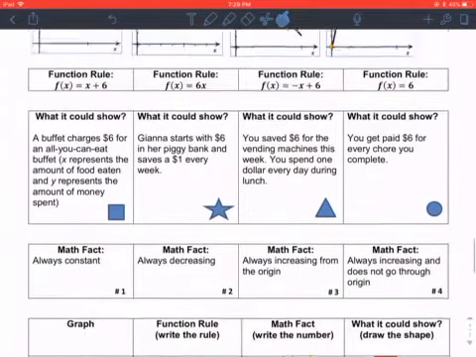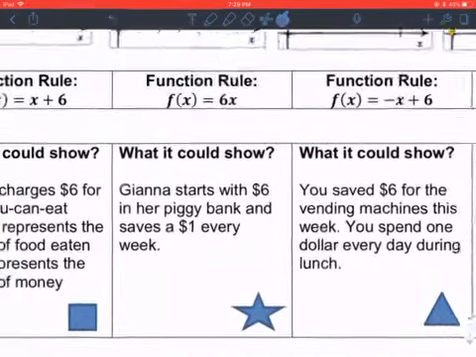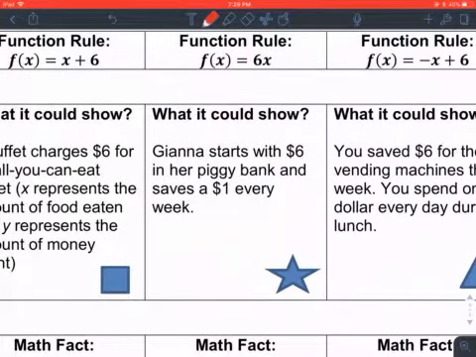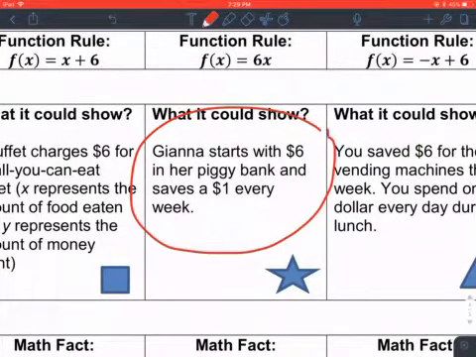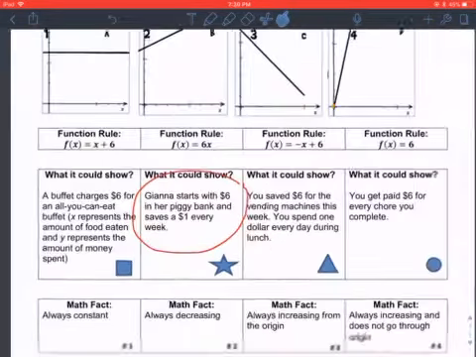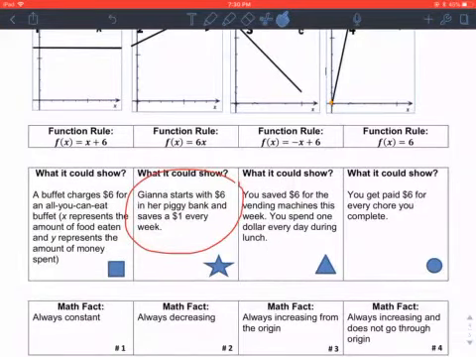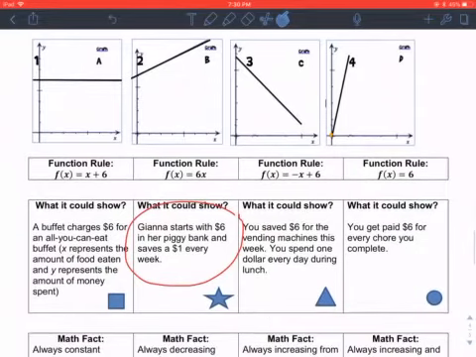Okay, so the next one is Gianna starts with $6 in her piggy bank and saves $1 every week. Okay, so she starts with $6, so her y-intercept should be $6, and she saves $1 every week, which means the slope is +1.